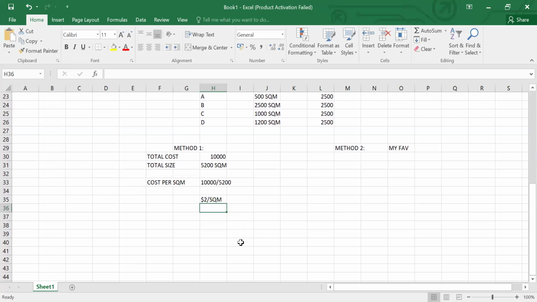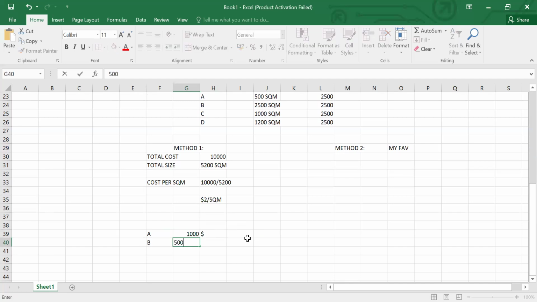This means that department A is of 500 square meters. So 500 square meters into 2 makes $1,000. So out of 10,000, only 1,000 is going to be given to department A. Now I'm going to go direct.